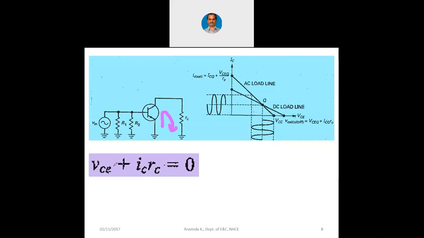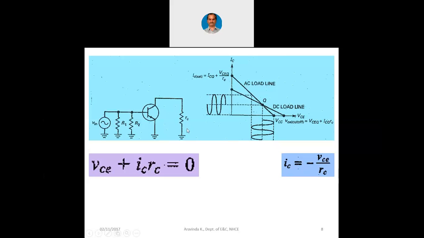That is why you can see all these terms are in the smaller case or lower case, not in the upper case. So small VCE plus small IC into small RC is equal to 0. So now, using this expression itself, we can write small IC is equal to minus of small VCE divided by small RC.